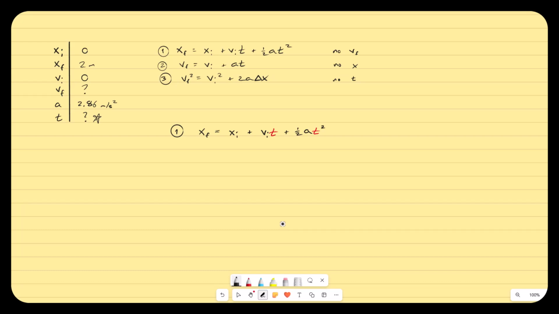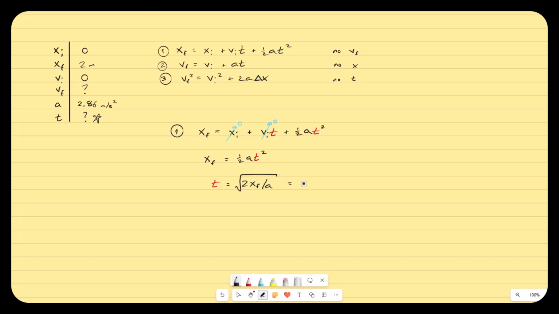My moment of dread says that looks like it's going to be a quadratic equation situation, but that's until I start crossing things off. Those go away, so I get x final equals half a t squared. Solving for t, t is going to be the square root of 2x final over a.